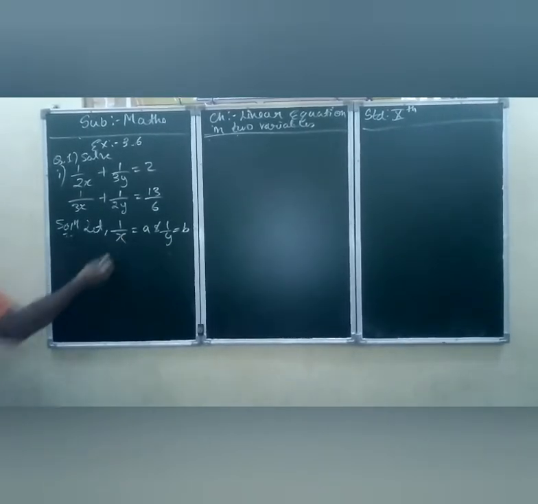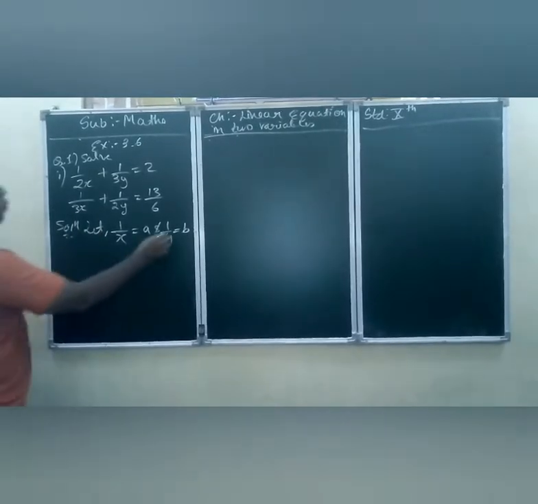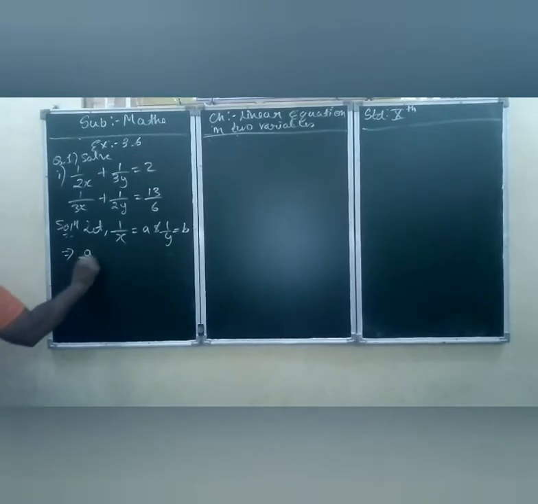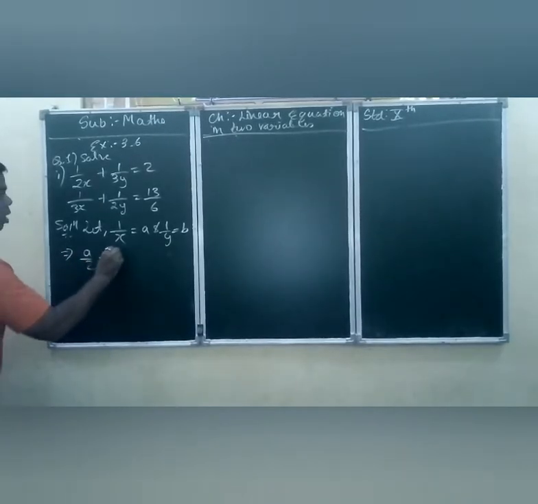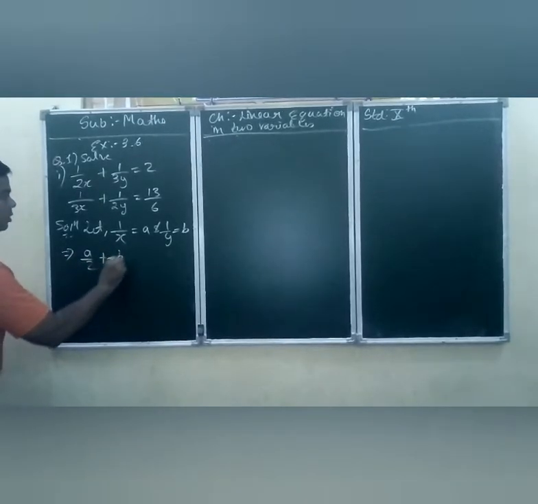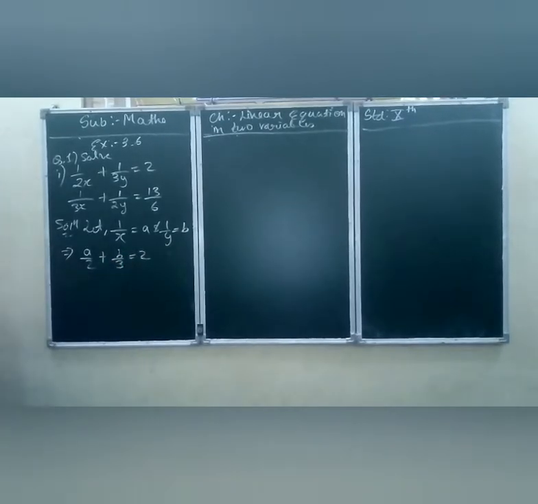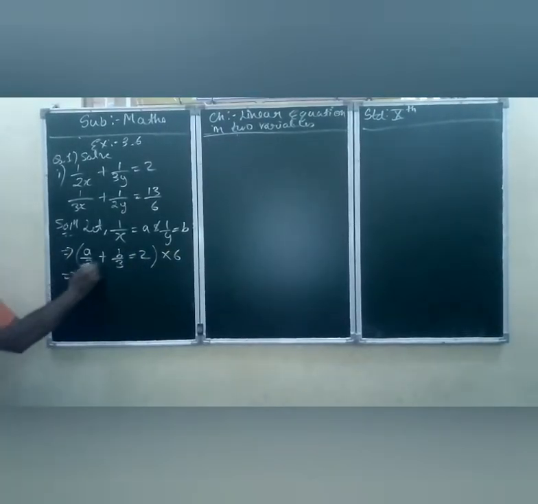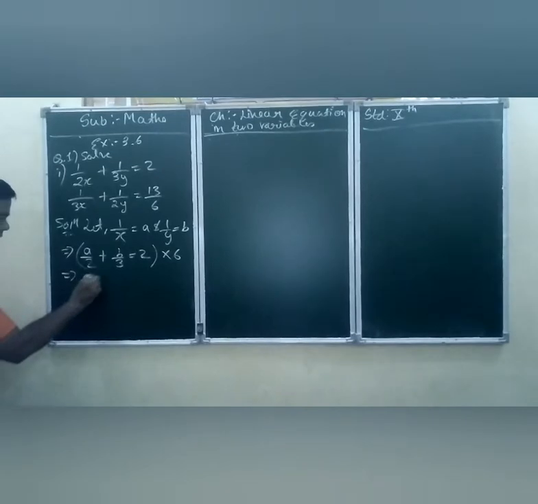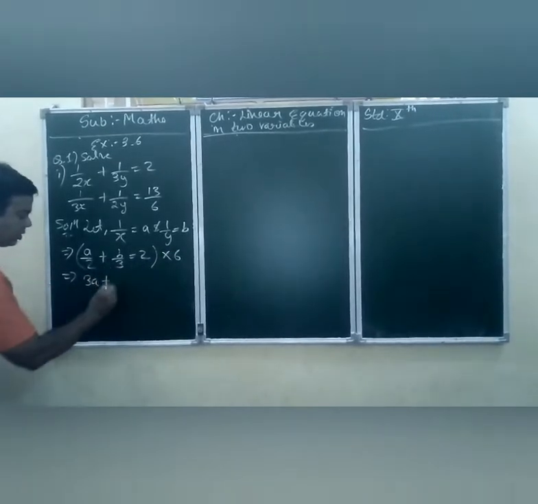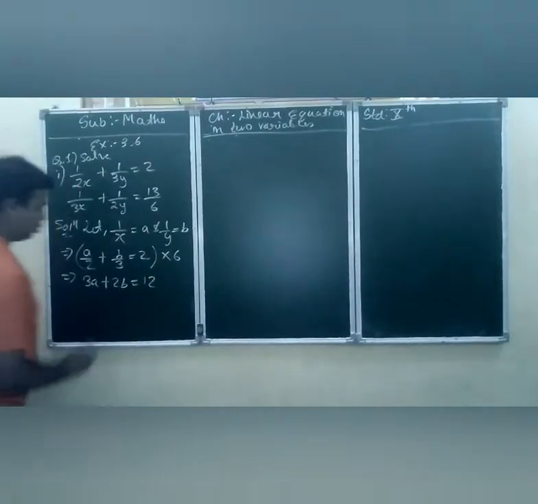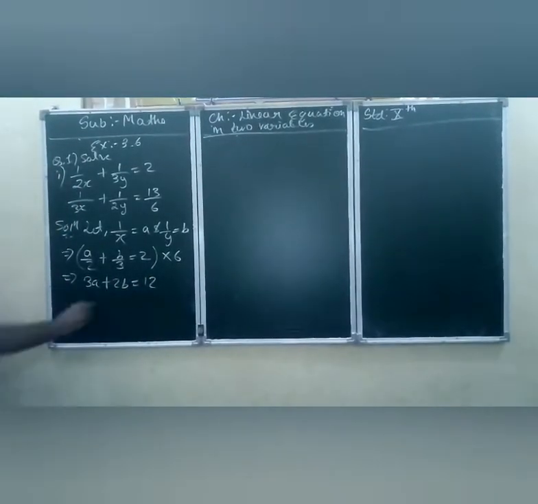Taking 1/x = a and 1/y = b, we get a/2 + b/3 = 2. Now the LCM of 2 and 3 is 6, so multiply this equation by 6. Then 3a + 2b = 12. So this is now a linear equation.